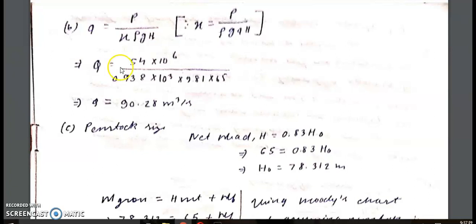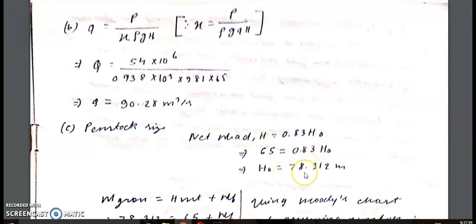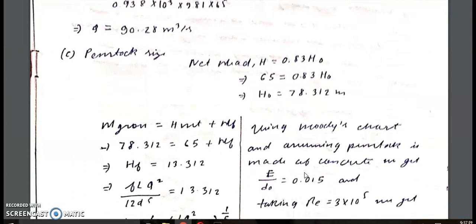So now the volume flow rate Q is 90.28 meter cube per second. We apply the formula and we get this value. So now the penstock size: net head H equal to 0.83 H naught, and H naught we get 78.314 meter.